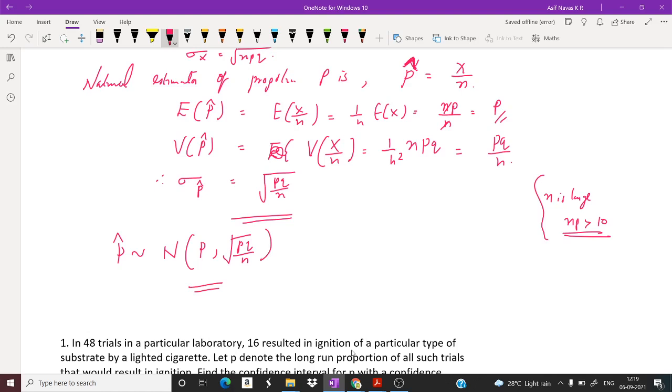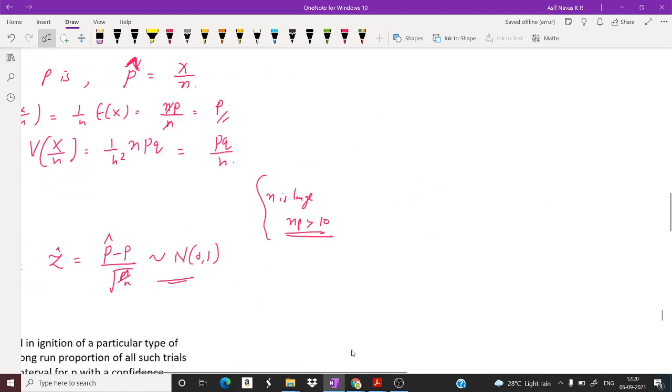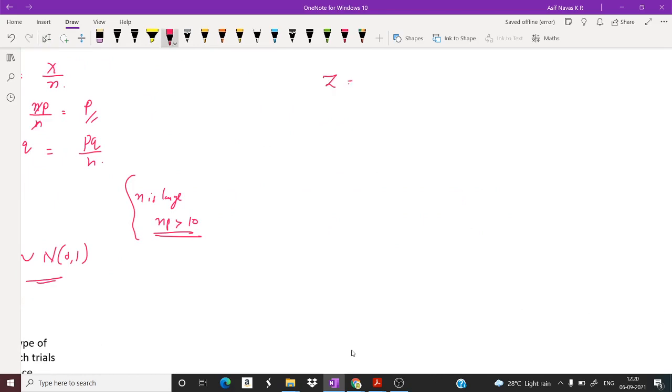Therefore z equals p bar minus p divided by root pq by n follows normal 0, 1.